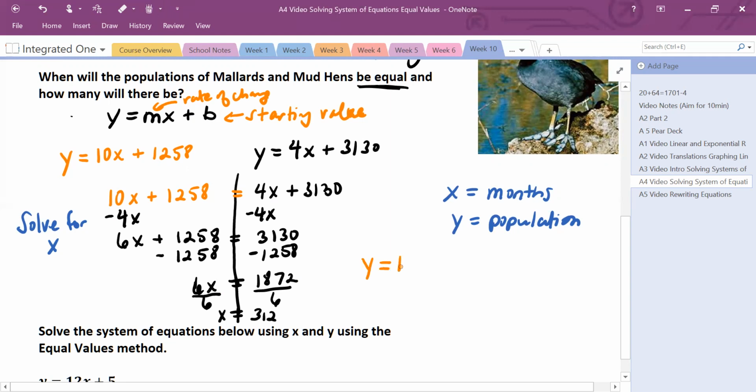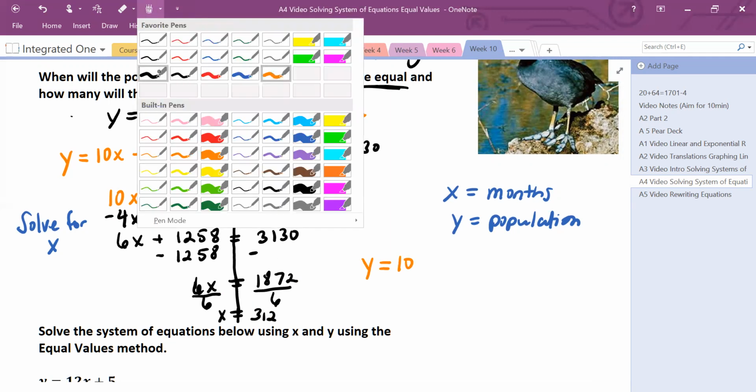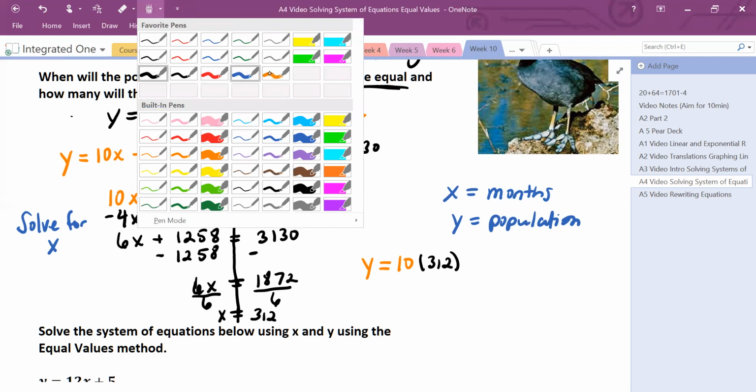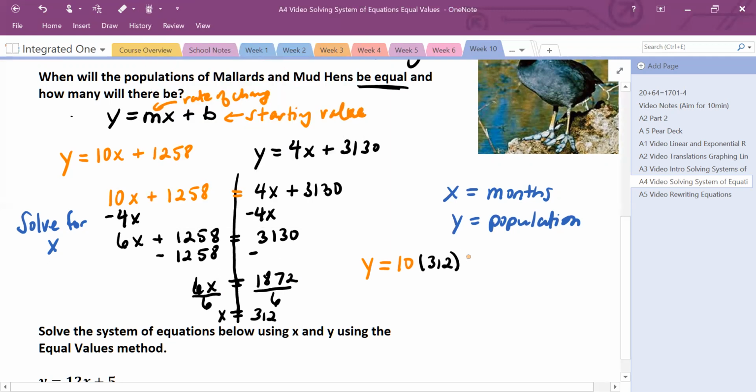Y is equal to 10. Now that X, I know the X. It's gonna be 312. Again, that's how many months plus how many mallards we started with, 1,258.